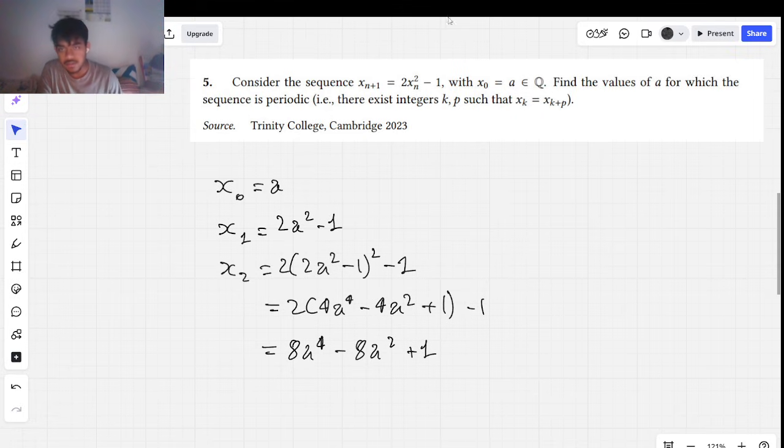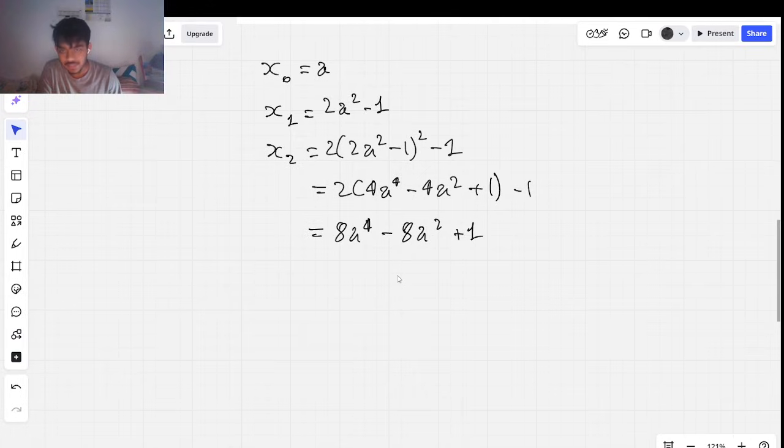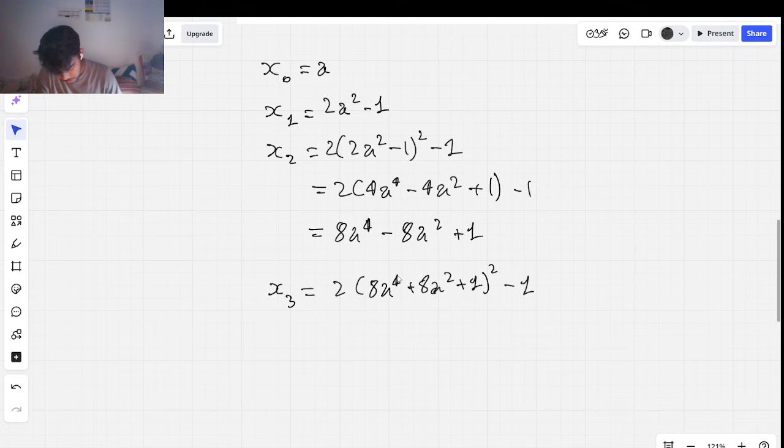I'm going to move on to x3, which is equal to 2 times the bracket. I might have to speed up here. This might be very boring. I actually can't do this in my head.